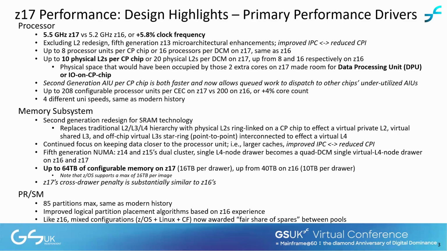And in recognition of that, we've changed the dark core allocation algorithm from being very z/OS centric to fair share of spares, meaning if you have 10 z/OS engines and you have 10 Linux engines and you have 50 dark cores on the box, instead of giving 48 of them to z/OS, we'll now give 25 of them to z/OS and we'll give the other 25 to Linux.